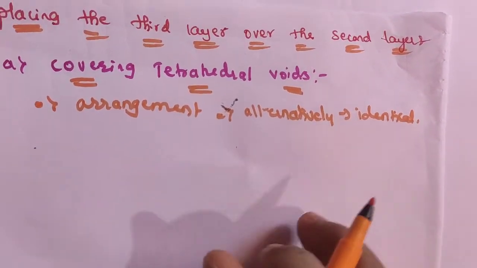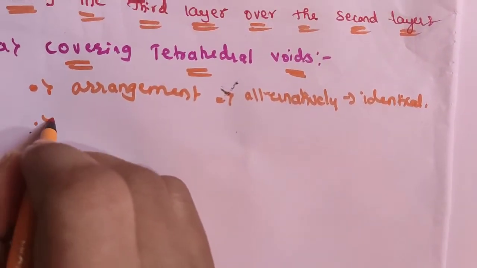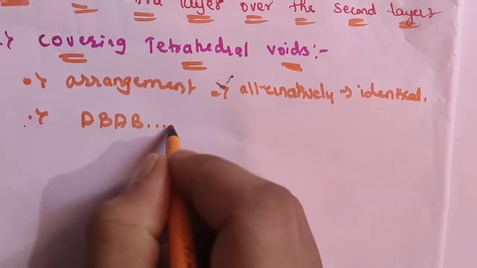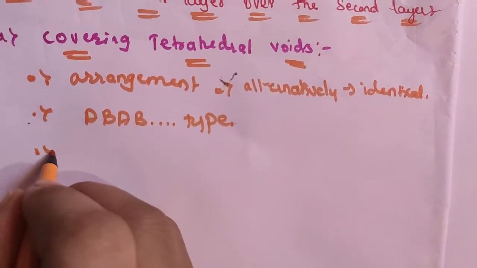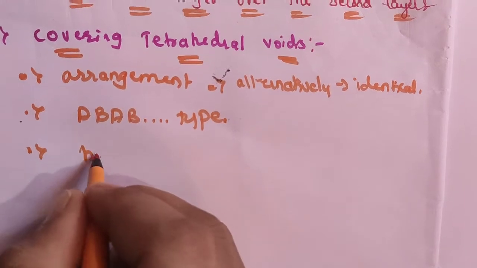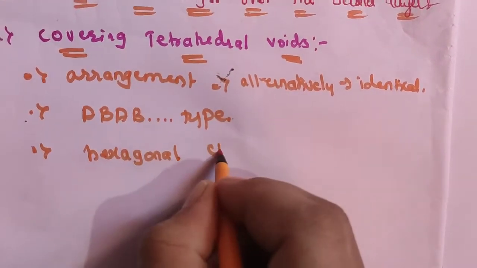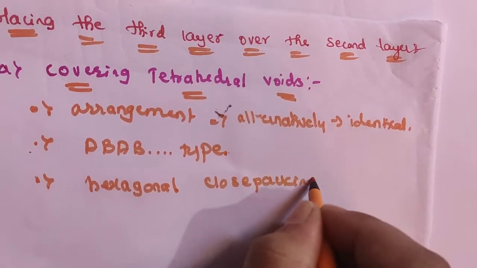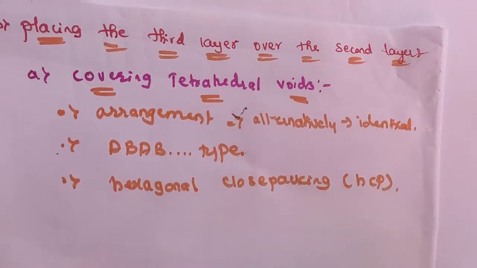Alternatively identical. So this arrangement is represented as ABAB type. This close packing is called hexagonal close packing. It can be represented in a simple way, HCP.